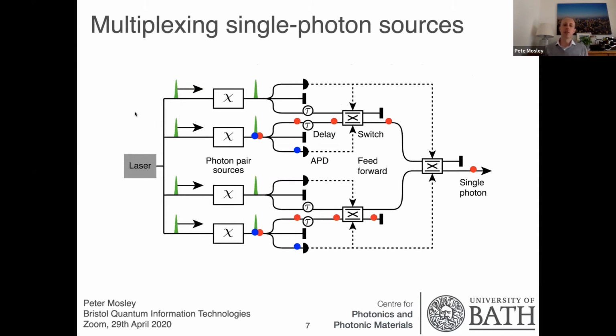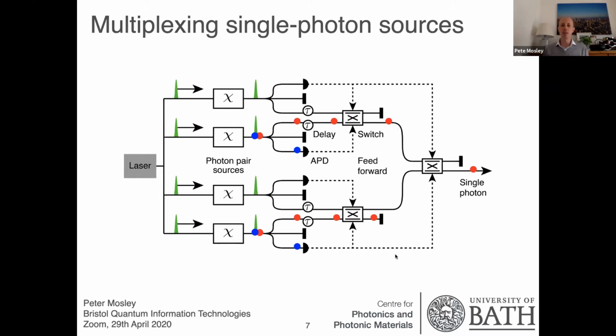Well, rather than just having one photon pair source, we have several next to each other, and we pump all of them simultaneously, and each one has a heralding detector. When that heralding detector fires, it feeds forward to a switch network, which enables us to set the state of, in this case, 2x2 switches, so that if one source fires, here the second one down, then the heralding detector sets the state of this switch network to route the remaining heralded single photon through to some master output.